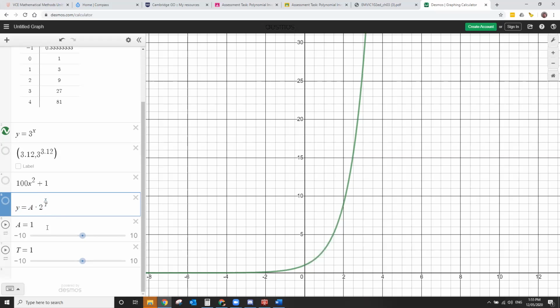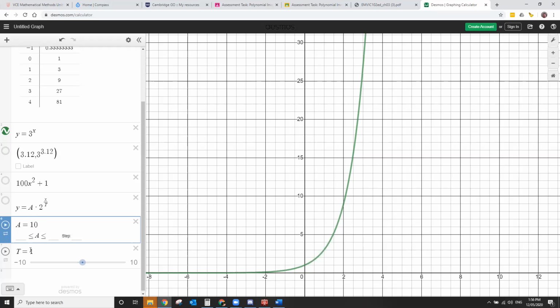First off, the A is giving us an initial value. If we think about putting X in as 0 here, then we have 2 to the power of 0, so all of that is going to be 1. If we make our big A there 10, then our graph starts from when X is 0, the value of Y is going to be 10.